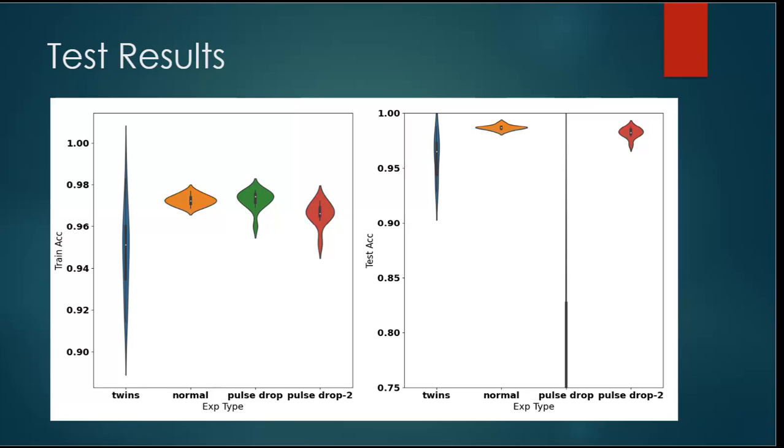It has no idea how to handle that when it sees it in test for the first time. But you can see from the pulse drop 2 experiment, if that pulse drop sampling error is included in the training set, then the network's very capable when it comes to handling such a thing.